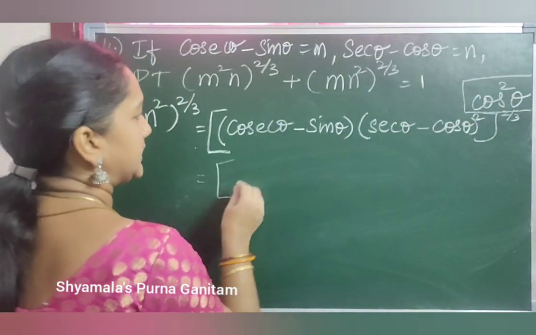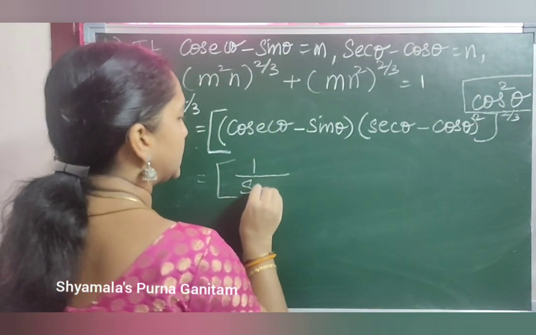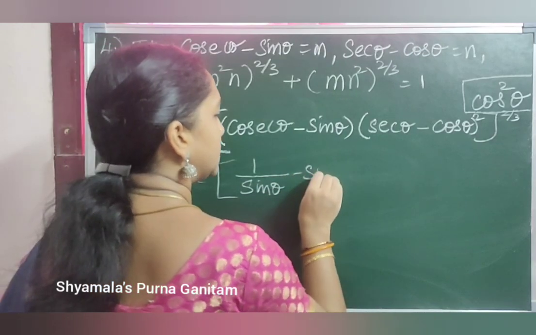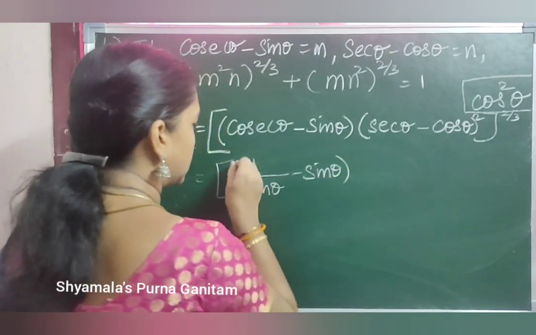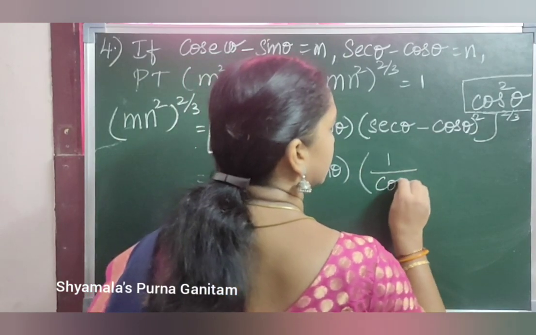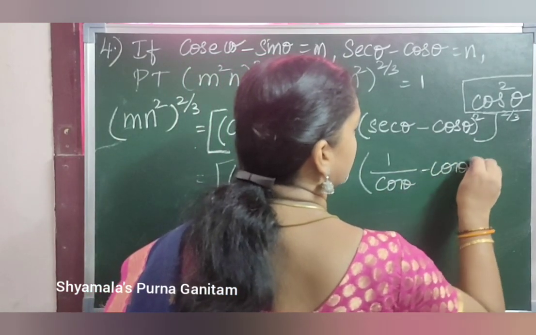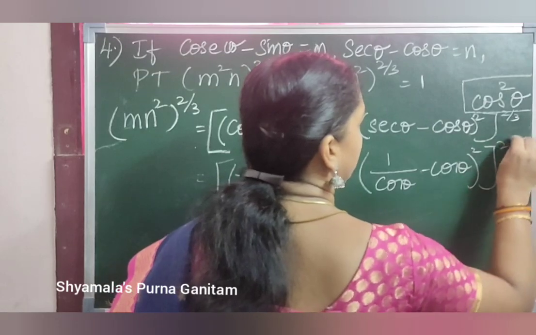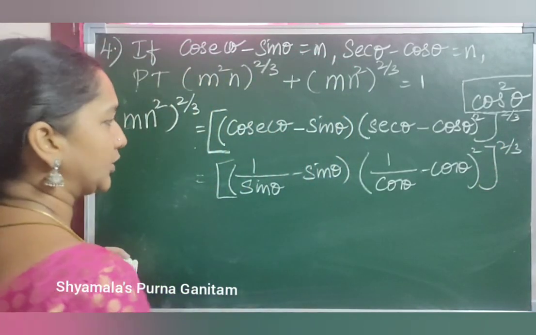So the same procedure: 1 by sin theta minus sin theta for this part, and here 1 by cos theta minus cos theta the whole squared whole power 2 by 3.